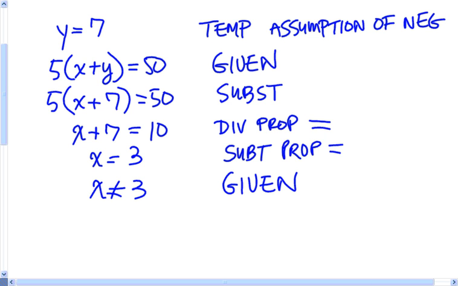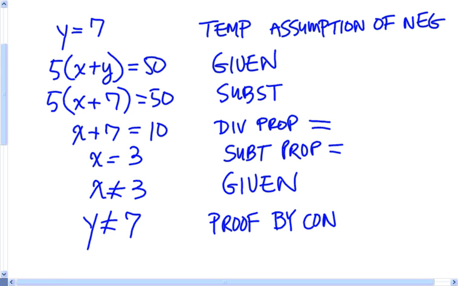And so we can say that y is not equal to 7 because we have a contradiction. And the contradiction is right here. We came up with x is equal to 3, and at the same time x is not equal to 3.